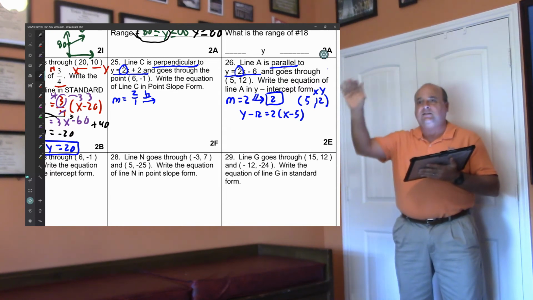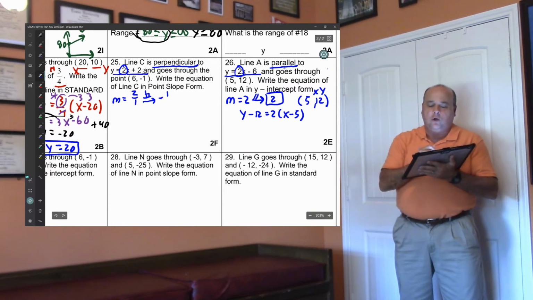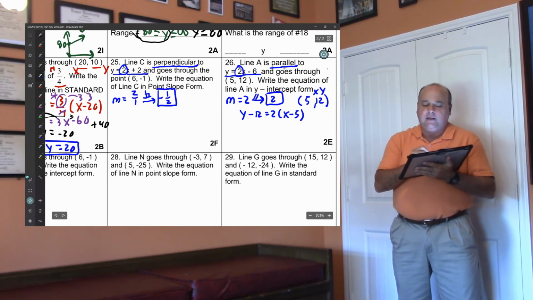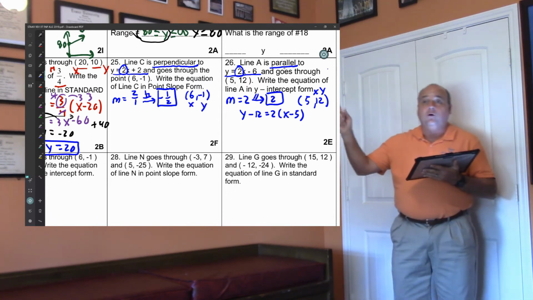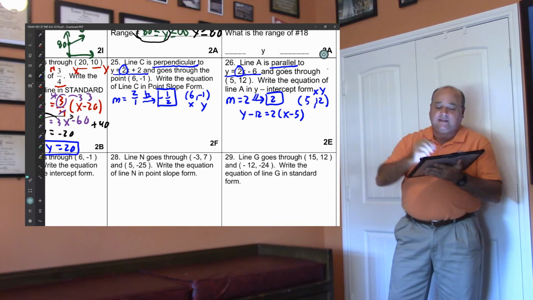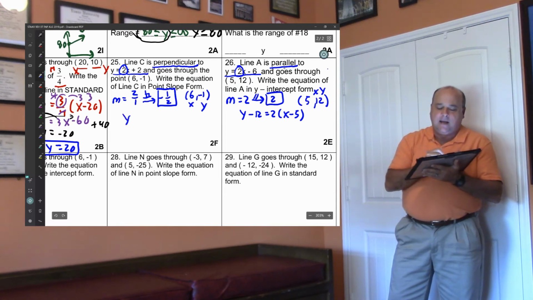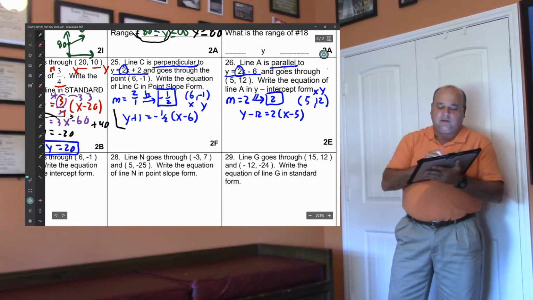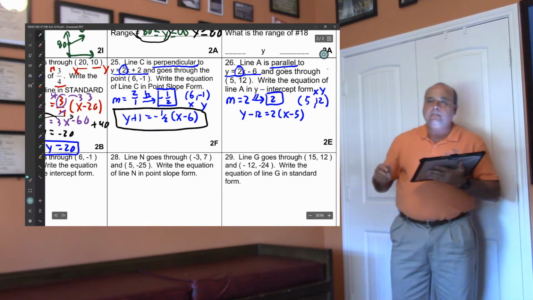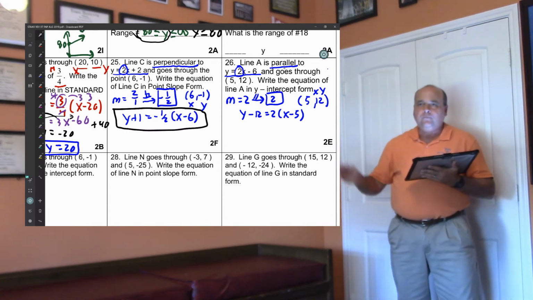The opposite of positive is negative. So my new slope will be negative 1 over 2. Box that. My point is 6, negative 1. Put x and y. Now then, all I want is point slope form. So plug it into point slope and that's it. So I'm going to have y plus 1 equals negative 1/2 parentheses x minus 6. That is my answer because they want point slope. That's all I got to do.